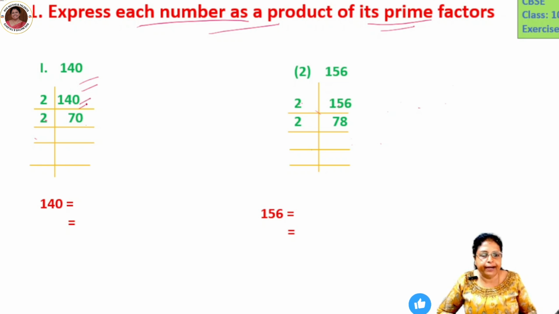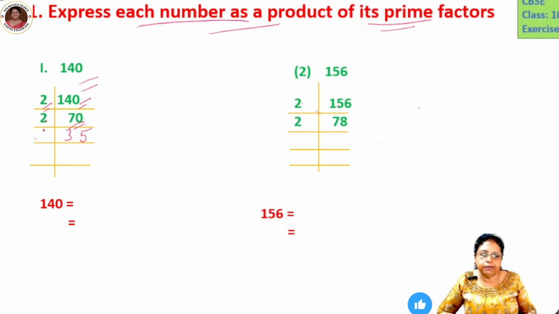140 is an even number, so we divide it by 2. You will get 70. Then again 70 is divided by 2. 2 fives are 10, so 35.